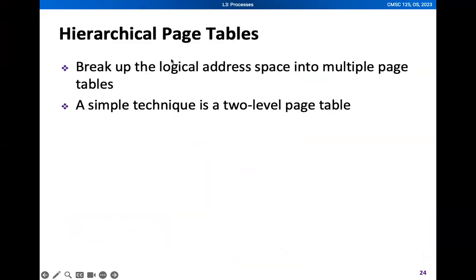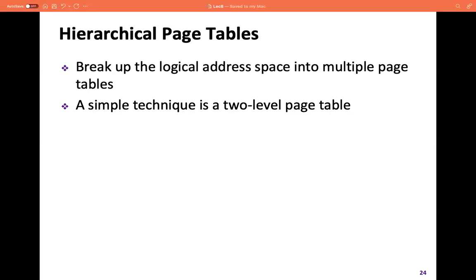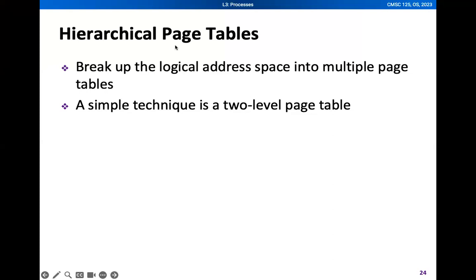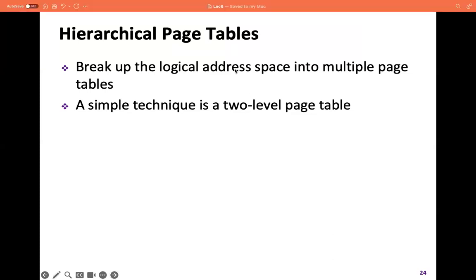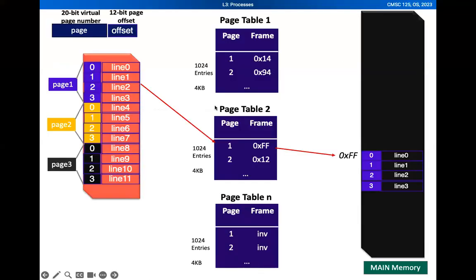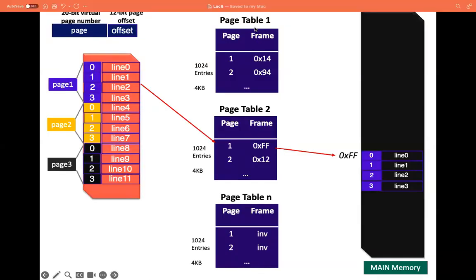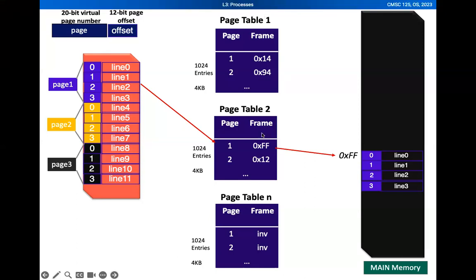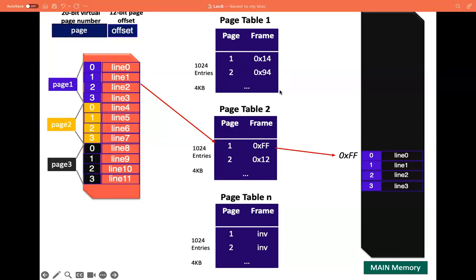So one solution would be to use multi-level paging or hierarchical page tables, wherein we break up the logical address space into multiple page tables. As you can see here, from a very large table that contains 1 million entries, we now have broken it up into smaller page tables containing only 1,024 entries.